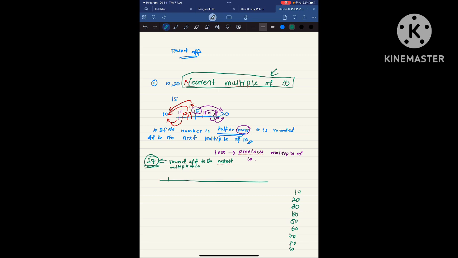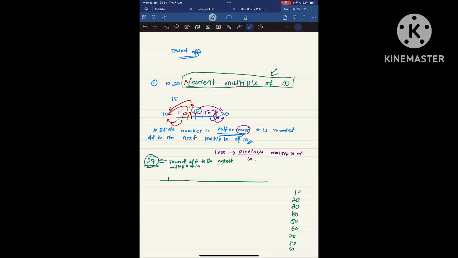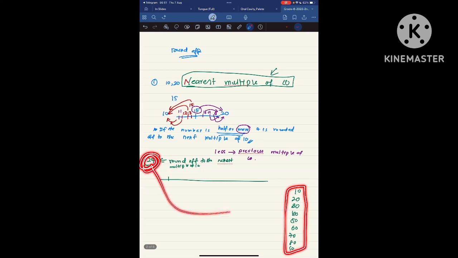These are the multiples of 10. So my question is, among these multiples of 10, where is 24 situated?